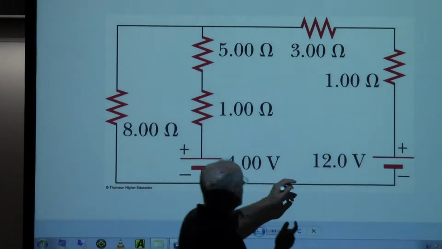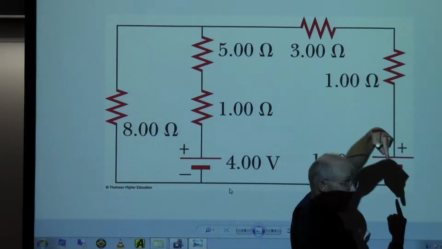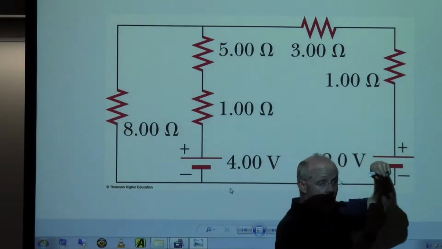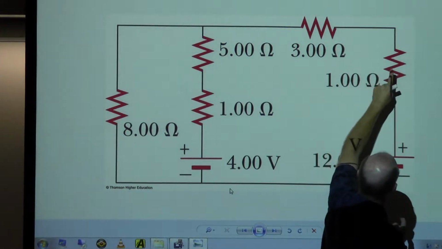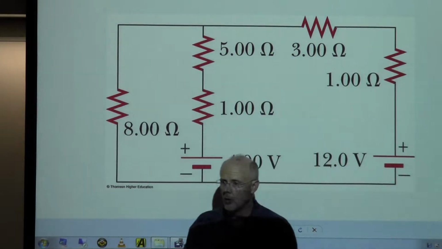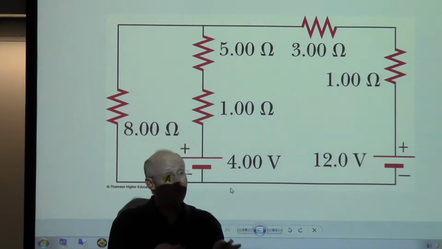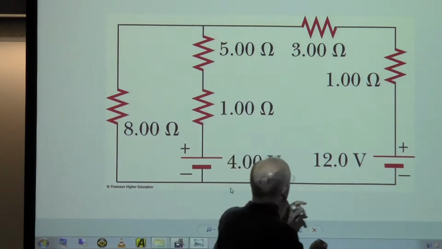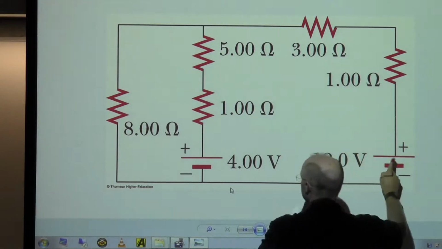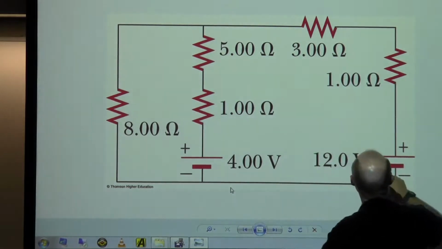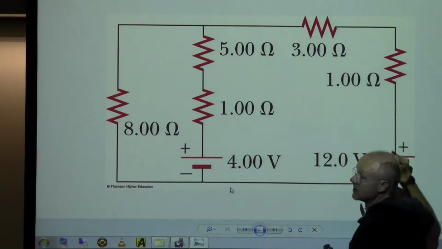Take a look at this one. I mean, even though they're not in a straight line, they do have the same current that comes out of the 3 goes into the 1, right? There's no extra wire along the way. There's no place for the current to go but into the next one. So if the current flows, and probably since this is the strongest battery in here, I am going to take a reasonable guess here.